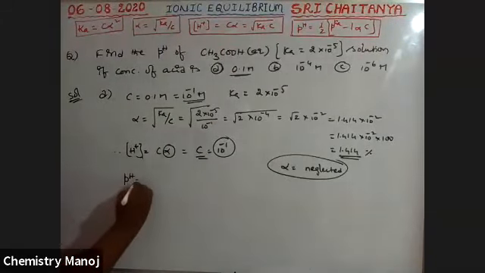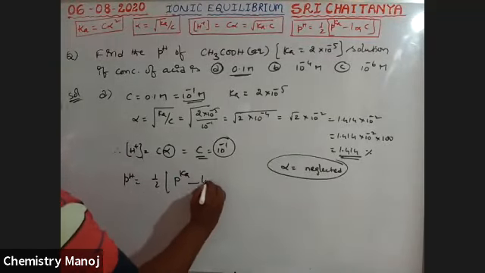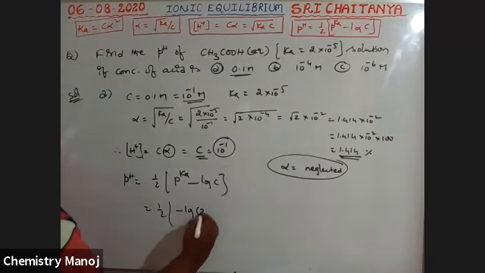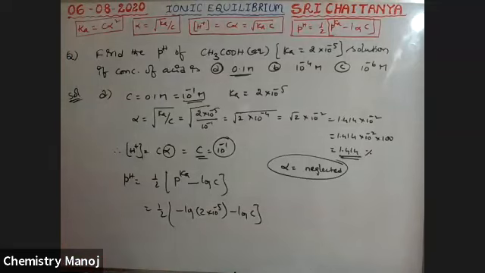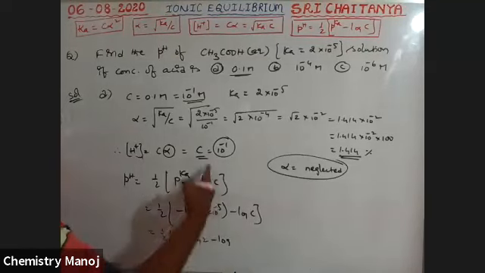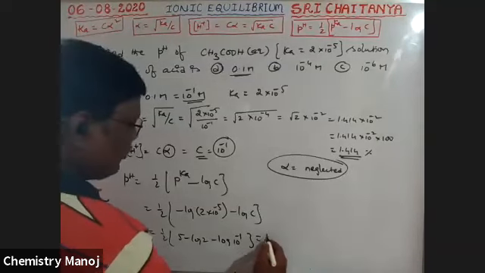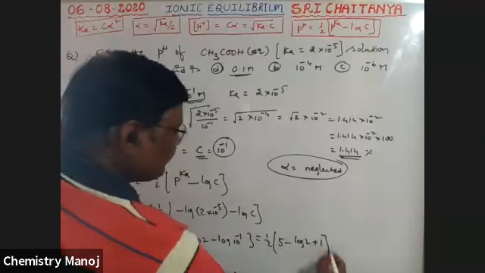Therefore pH is equal to 1 by 2 pKa minus log C. That is 1 by 2 of pKa value, that is minus log 2 into 10 power minus 5, minus log C, where C is 10 power minus 1. That is equal to 1 by 2 of 5 minus log 2 plus 1.